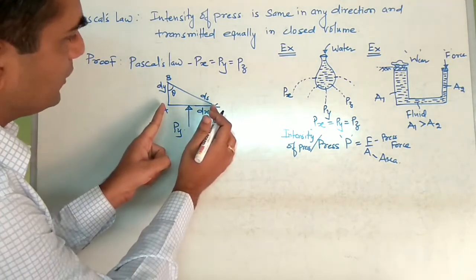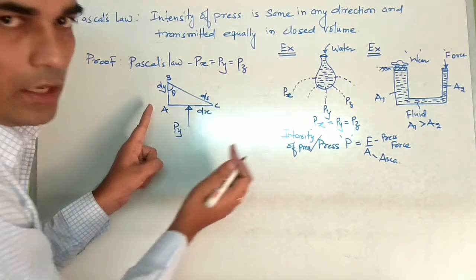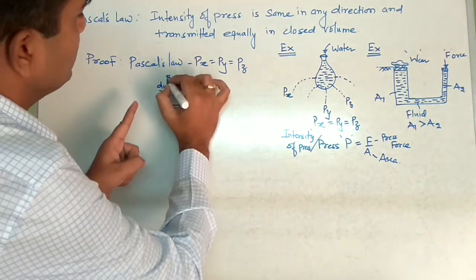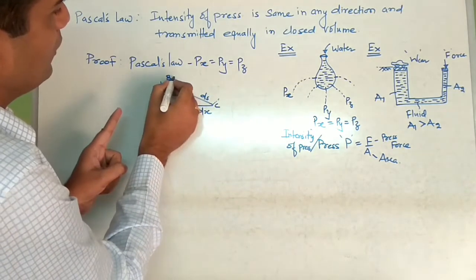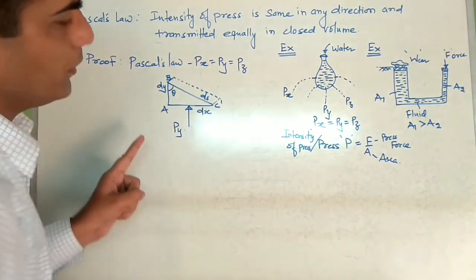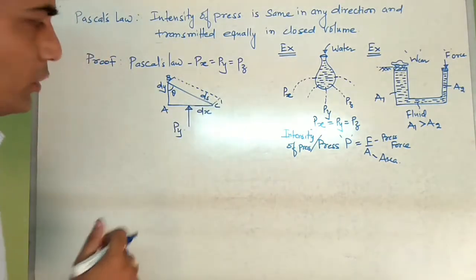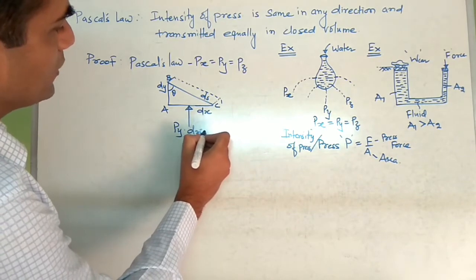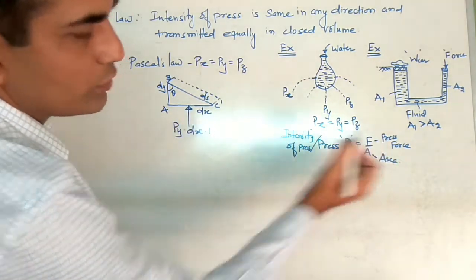This is length dx, but we need area. So imagine this has unit width 1. So dx multiplied by 1 is the area. Now the total term is the pressure force.